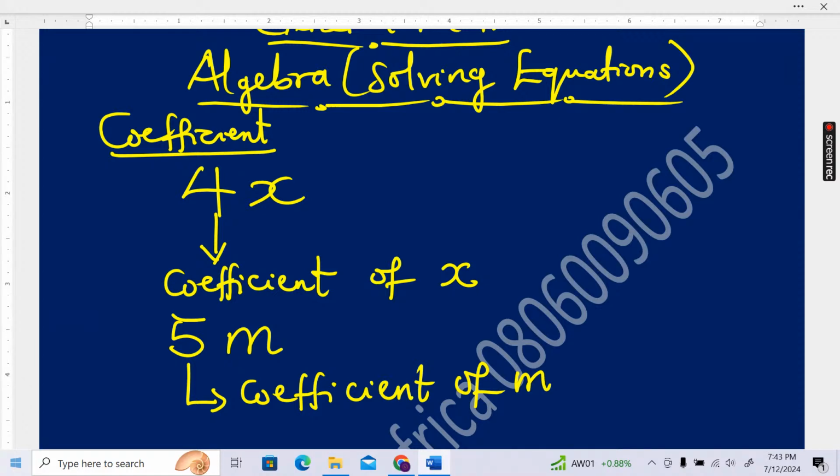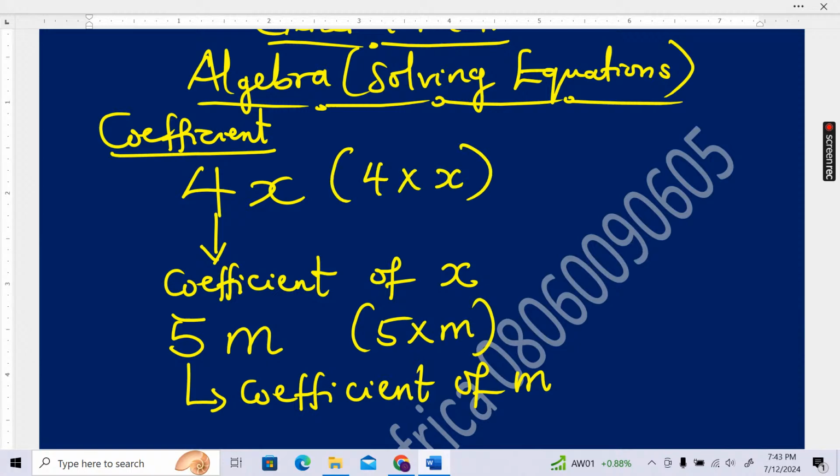So that number that is multiplying the symbol is known as the coefficient. Now, 5m means 5 times m. 4x means 4 times x. That's the meaning. So the number multiplying the unknown is the coefficient of the variable, the coefficient of the letter, or the coefficient of the symbol.